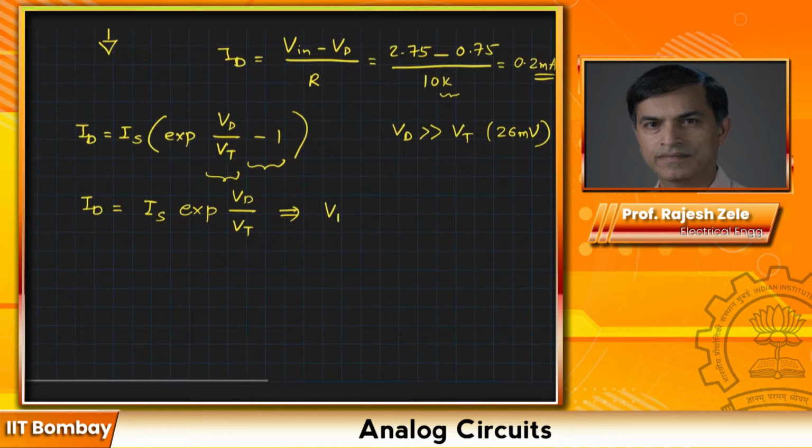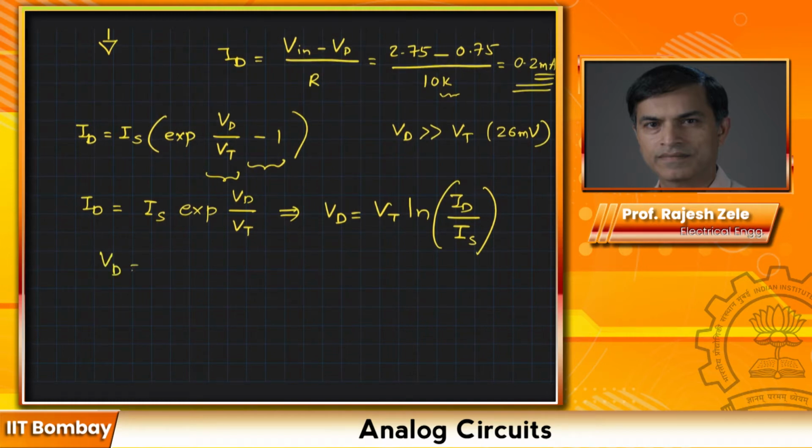We will get VD is equal to VT ln of ID divided by Is. Our initial calculation suggested 0.2 milliamps. So we are going to substitute and figure out what my VD value is here. VD will be equal to 26 millivolts times ln of 0.2 times 10 to the power minus 3 divided by 10 to the power minus 16, which is the Is.